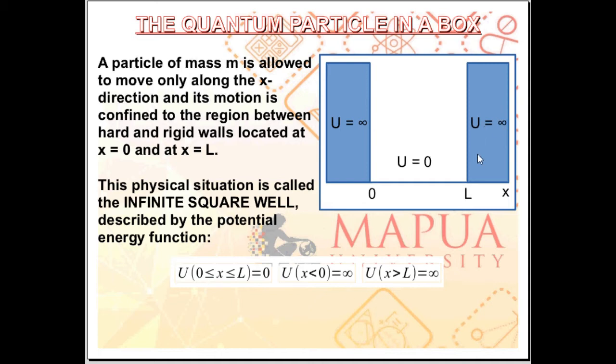U is equal to infinite, meaning to be able to pass through, the particle must have energy that's just as great as U. Since an actual particle cannot have infinite energy, the particle is confined to move in the region between x is equal to 0 and x is equal to L. So the particle will simply move back and forth from x is equal to 0 to x is equal to L and then back again.